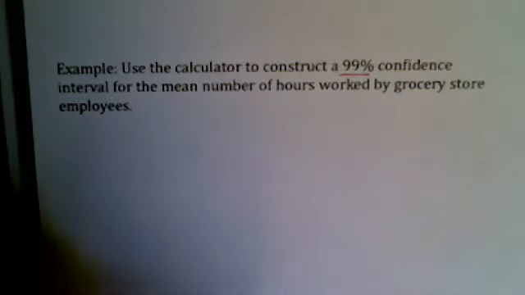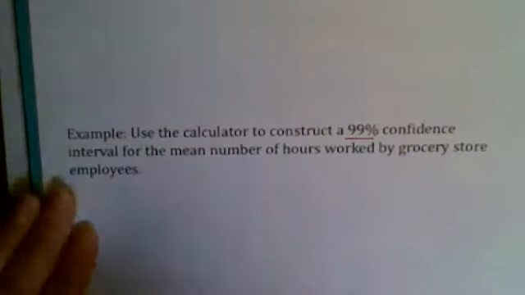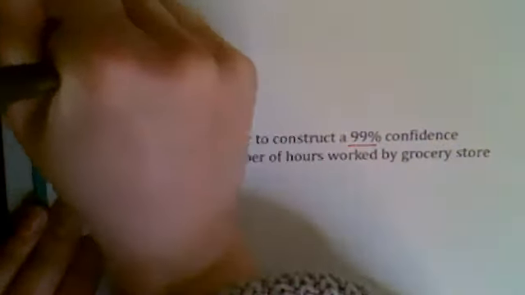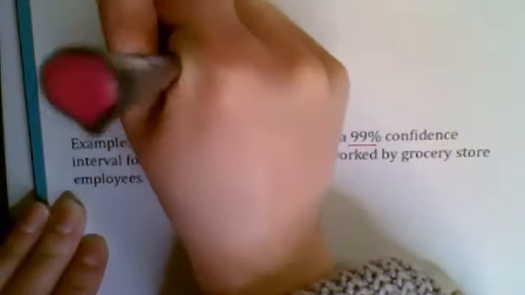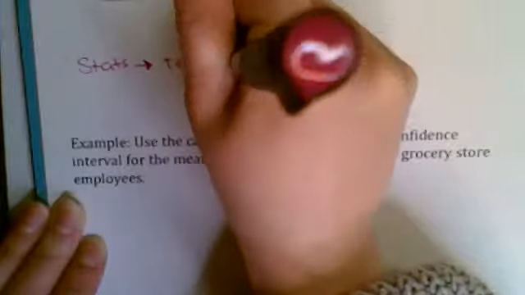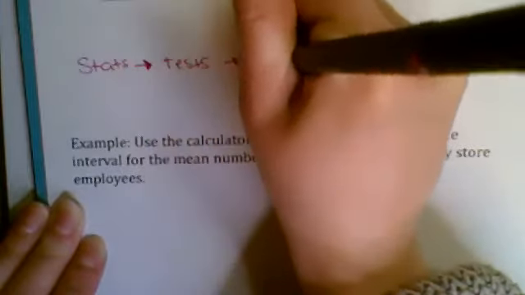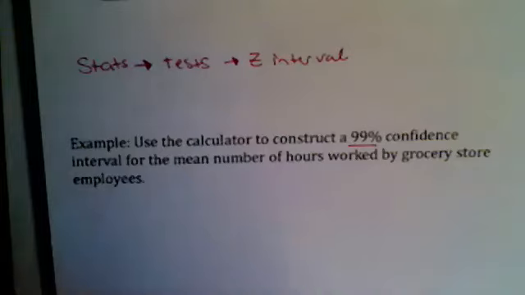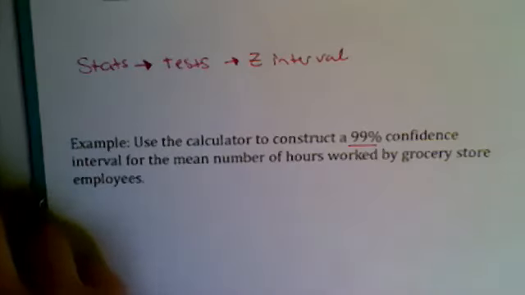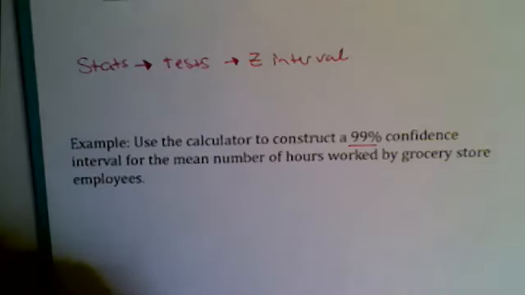Let me write down the calculator steps first. You're going to click on stats and then tests and then Z interval. When you click there, it's going to give you two different options.